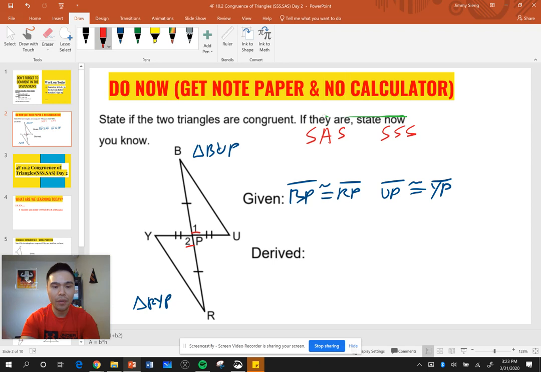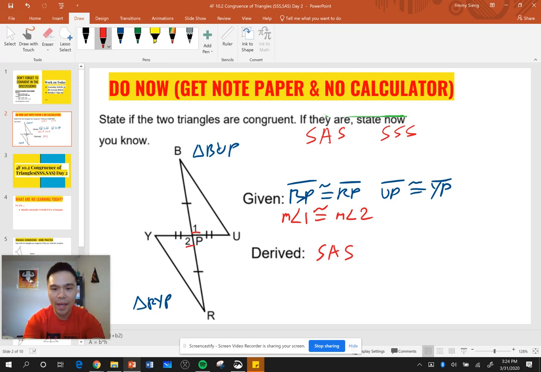If they're intersecting, you'll always have vertical angles. I could say that the measure angle 1 is congruent to measure angle 2. Okay? So because I have this, looks like what I have derived is a side, angle, side. So the side and the angle and side are congruent to the other side, angle, and side, okay?